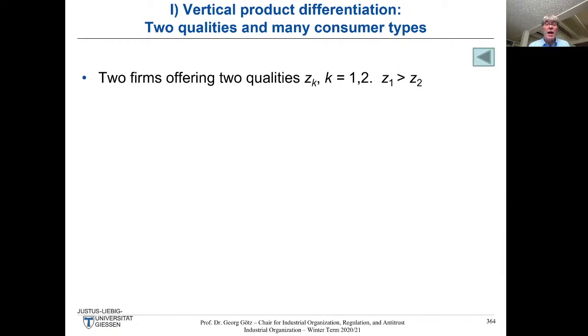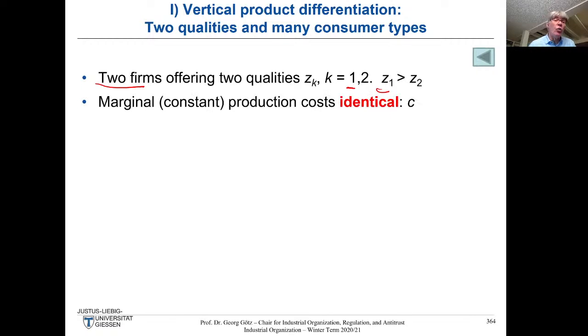What you see is we now assume we have two firms offering two qualities: high quality, quality 1, with a quality index c1, and a low quality, quality 2, with a quality index c2. Now the only difference is up there we showed that the monopolist will only provide both qualities if the quality adjusted cost of the low quality is lower.